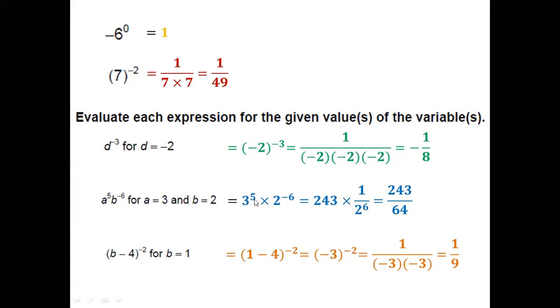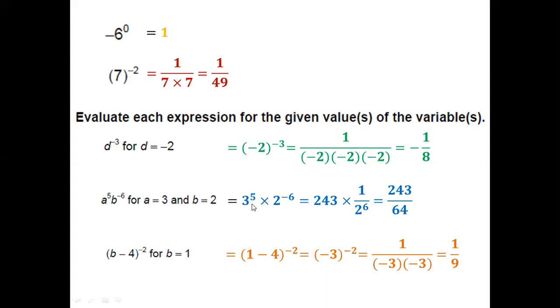Now, you have to be very vigilant here. Vigilant means you have to be very careful, because you can see that 3 to the power of 5 is without a negative exponent. So as I told you before, when I started the video, if you have an exponent without a negative sign, you will just multiply it normally, like how you would multiply 3 multiplied by 3 multiplied by 3.